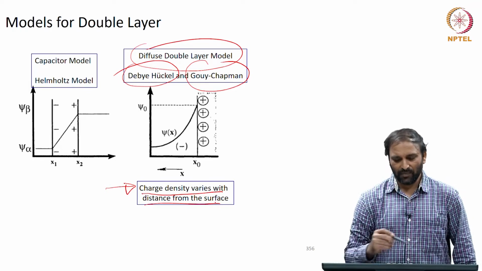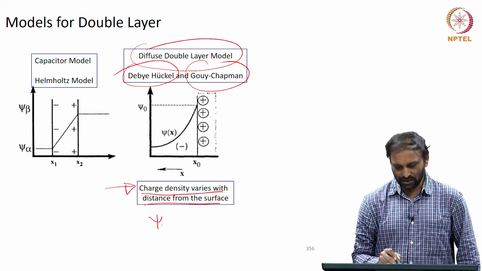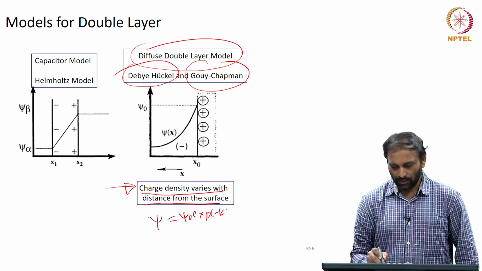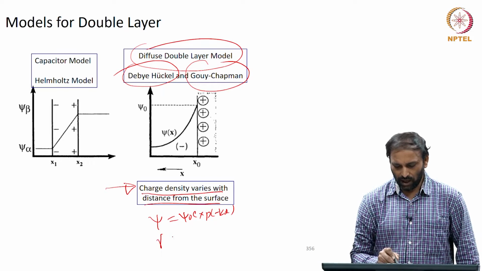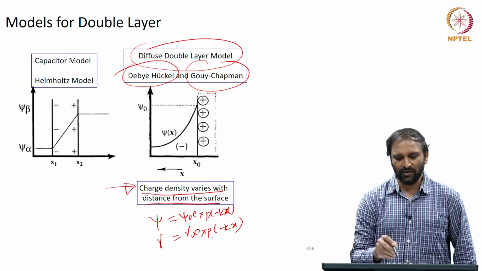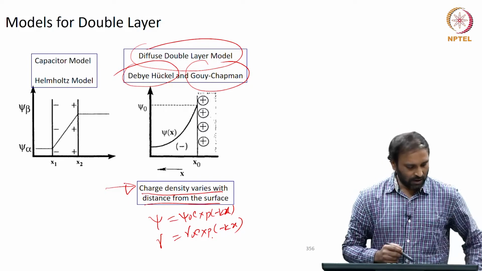So that gave us the fact that the potential psi goes as psi naught exponent minus kappa x, or gamma is equal to gamma naught exponent minus kappa x, right. That is what we derived for the two diffuse double layer models.